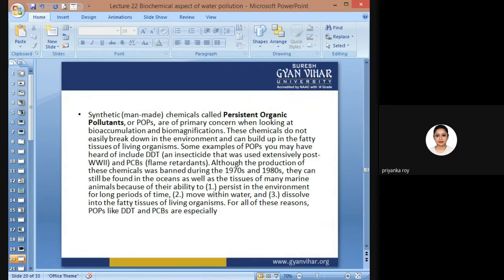Then we have other chemicals which are there in your shampoo bottles, or lotion or face cream, even your non-stick pan. They have this persistent organic matter coating these things, which elongates the longevity of the product.